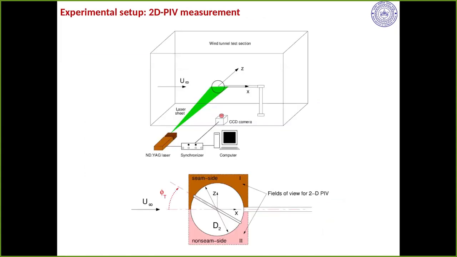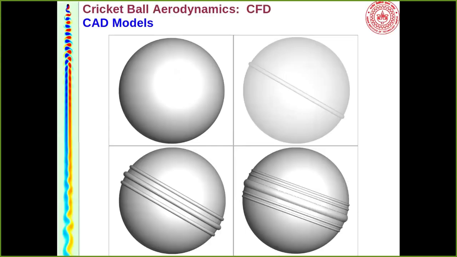We also did PIV, for example. This was tricky because this ball is not transparent, so you have to do PIV from the two sides. One shines light from this side and from this side and merges the two pictures. We also did simulations, because many things were not answered by experiments.